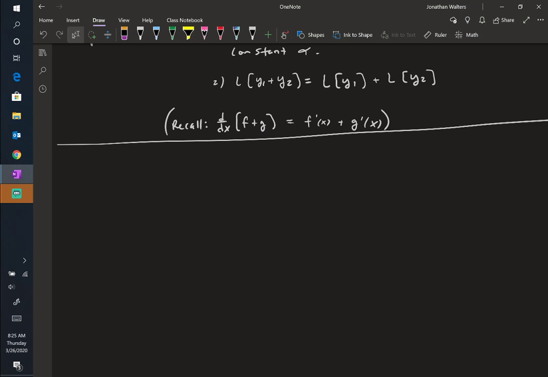So let's look at the superposition principle for homogeneous equations.